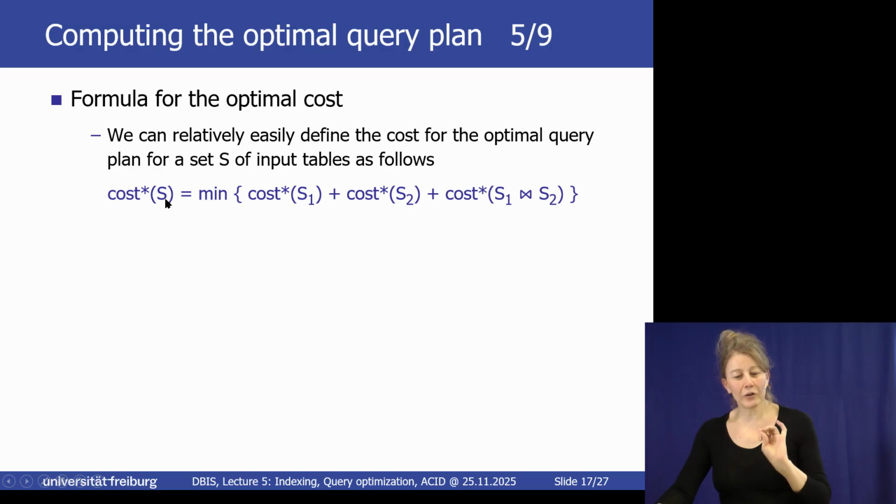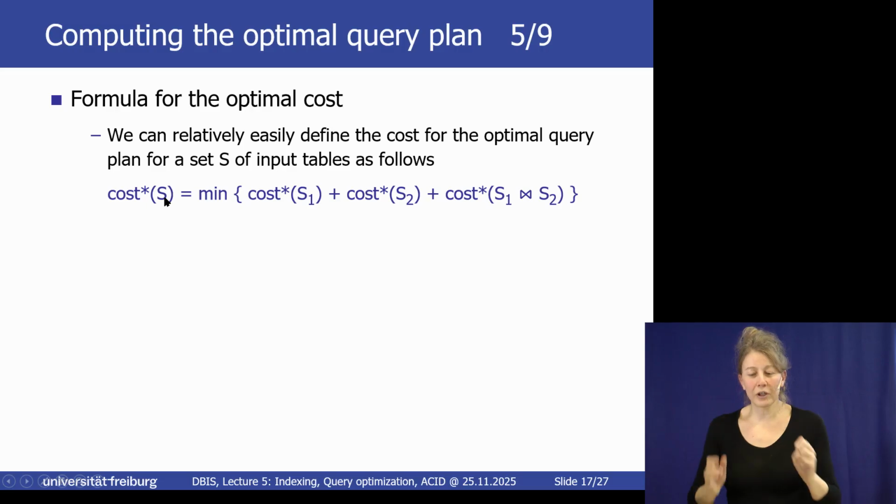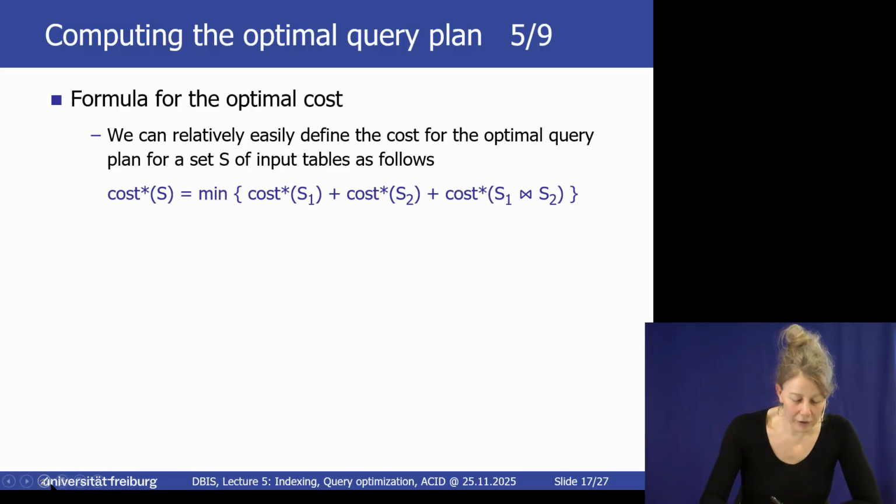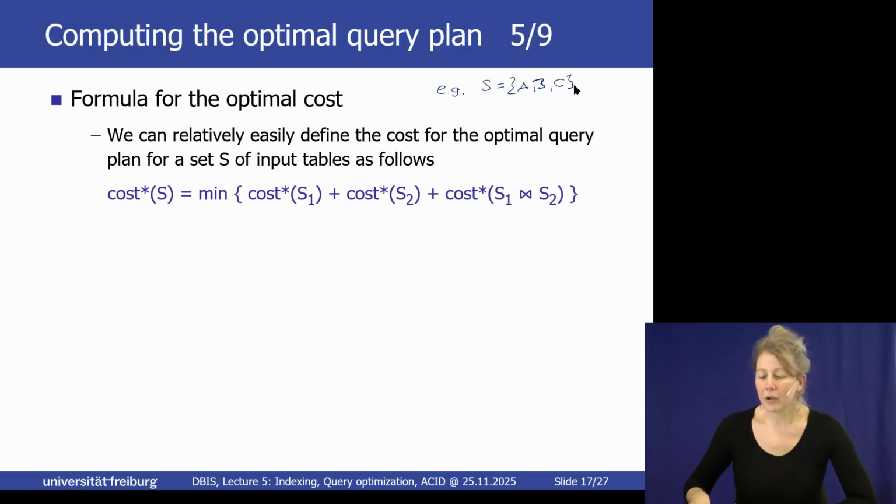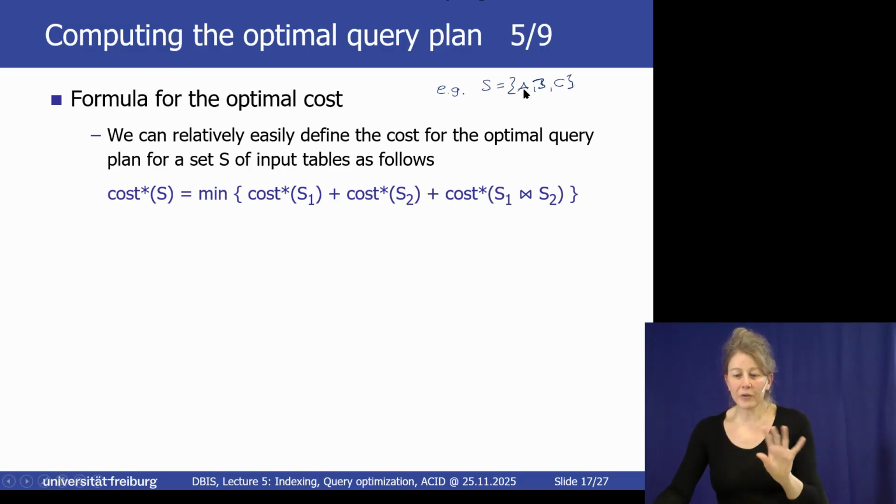This formula is correct. I want the optimal cost for joining a certain subset of tables. Let's just say, for example, S is just the tables A, B, and C. Let's keep it simple, right? What's the optimal query plan for joining 3 tables?